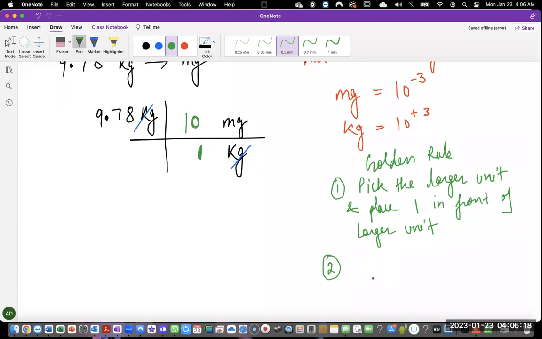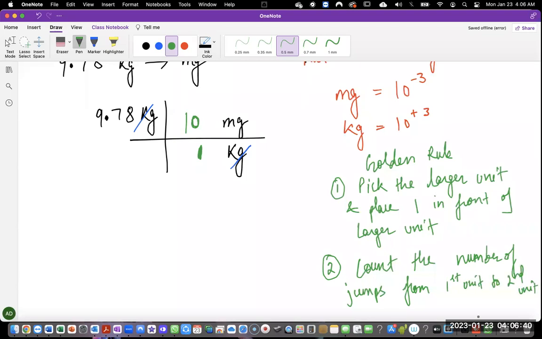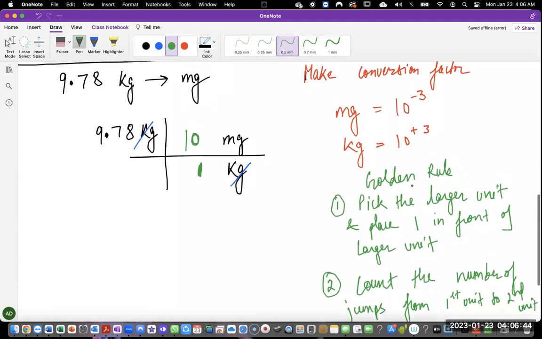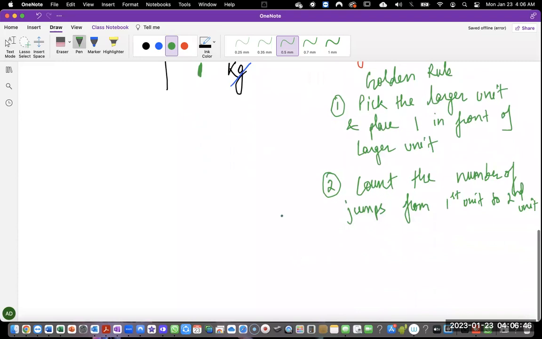So rule number 2 says that you need to count the number of jumps from one unit to the other, from the first unit to the second unit. Okay, so what does that mean? How many jumps is it to go from 10 to the power negative 3 to 10 to the power positive 3 is what the question is.